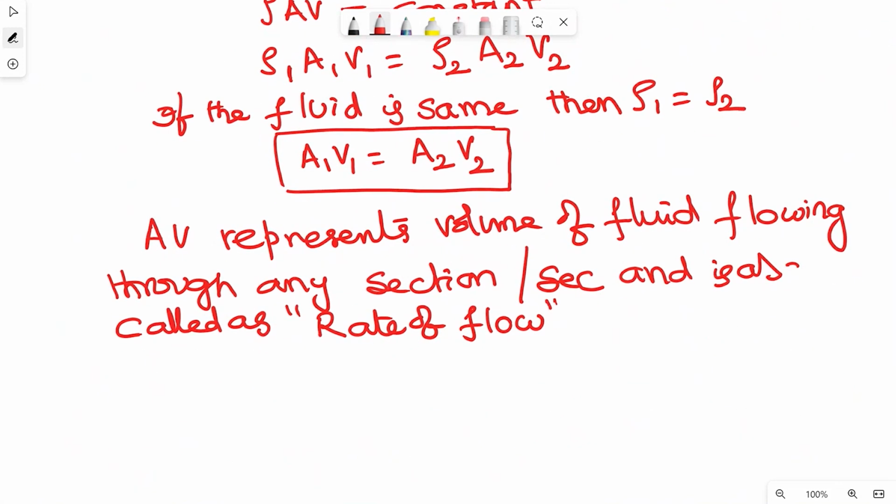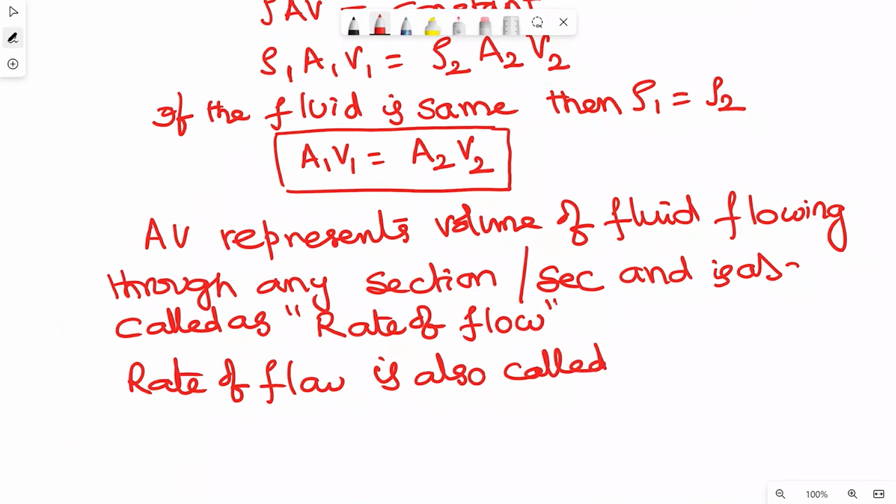Rate of flow is also called discharge. So what is finally the discharge? Discharge is nothing but the rate of flow. Rate of flow means volume of fluid flowing through any section per unit time, per second. So discharge is represented by Q.